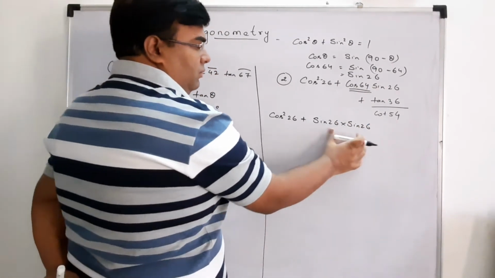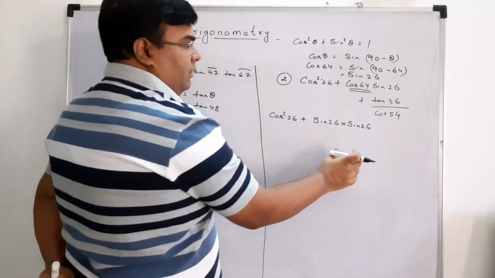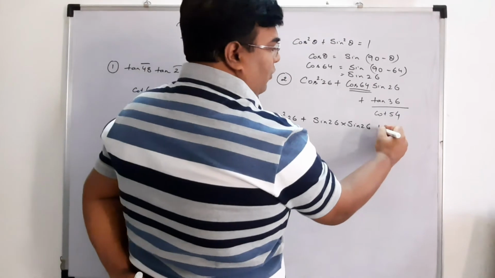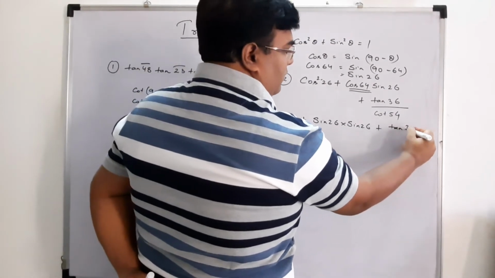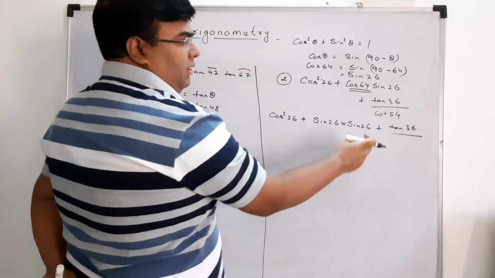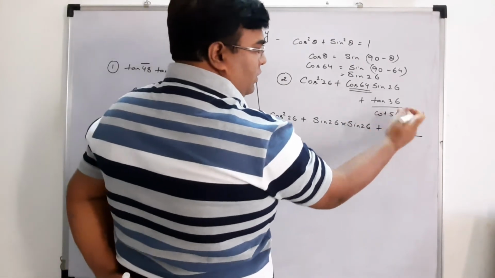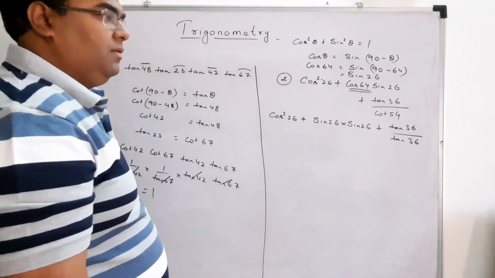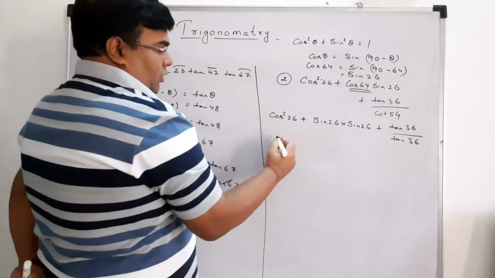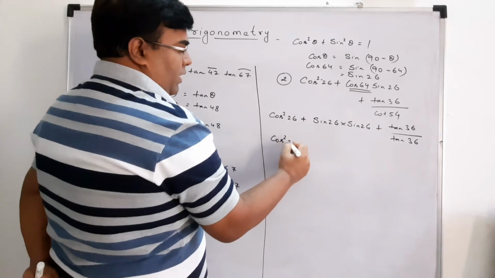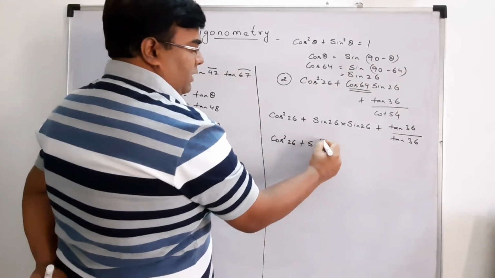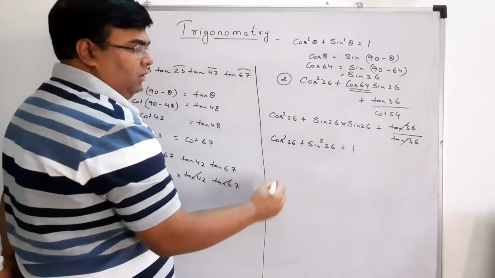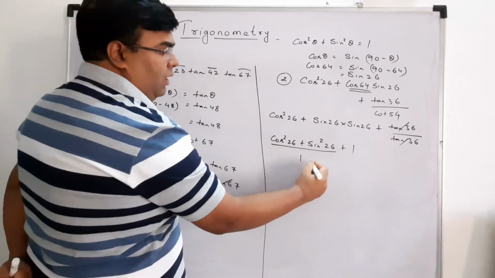I think the problem will be solved, but we have another term which is tan 36 upon cot 54. If you convert cot 54 into tan using the complementary angle, it will be tan 36. So now my equation is cos square 26 plus sin square 26 plus this will get cancelled to 1. The value of this is also 1, so the total is 2.